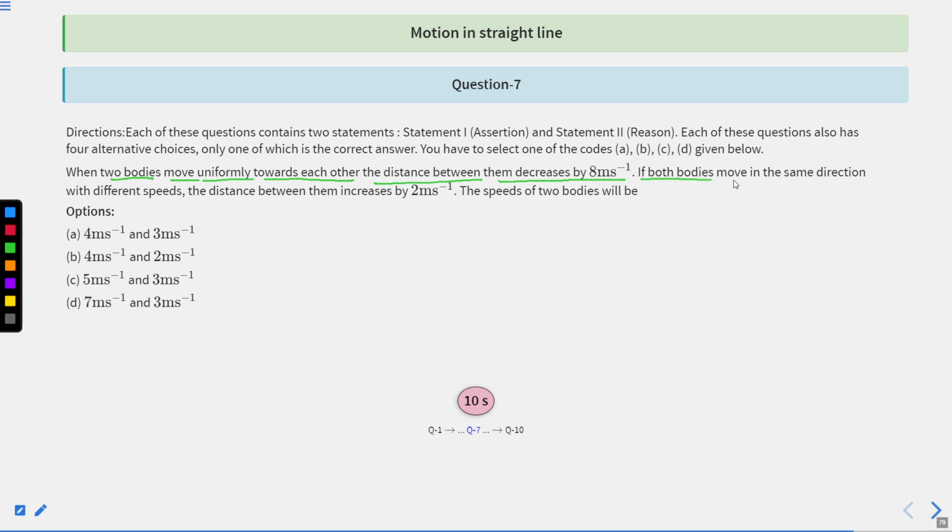If both bodies move in the same direction with different speeds, the distance between them increases by 2 meters per second. What will be the speeds of the two bodies? You have to find the solution. There are four options A, B, C, D. Which one is correct? You have 10 seconds to find the solution. After that, we will provide the answer.